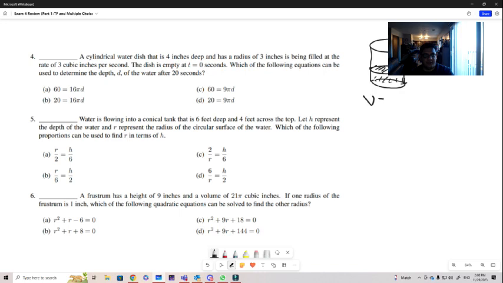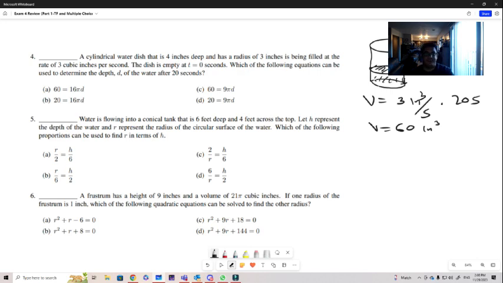So the volume after 20 seconds is going to be 3 inches cubed per second times 20 seconds. So that's going to be the volume after 20 seconds. And what is that? Well, that's going to be 60 inches cubed, right?